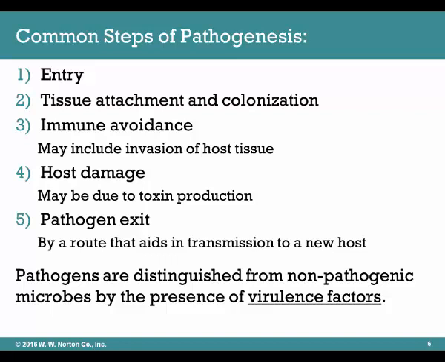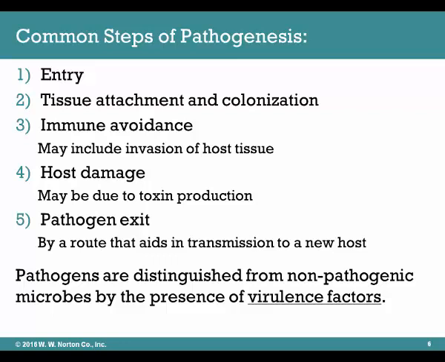During this time, our immune system is detecting these pathogens, and so at the same time that they're attaching and colonizing, bacterial pathogens, in order to be successful in causing disease, must avoid the immune system. Some of these avoid it by invading the host tissue, but that's not a prerequisite for all bacterial pathogens. Only some do this.